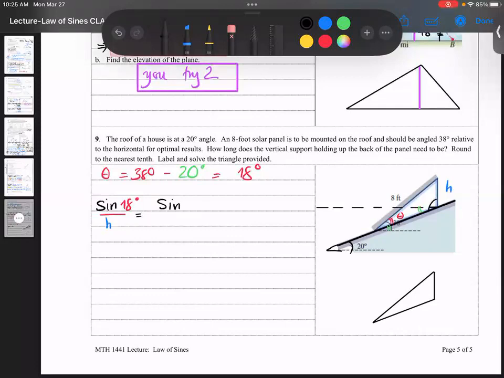If the green one is 20, then the big one will be 20 plus 90, right? Because the angle above there is 90. This one right here is 90. So 20 plus 90 is 110. Sine of 110 over 8, right? Because that's the opposite length. Now you can solve for H. It's roughly .6 feet.